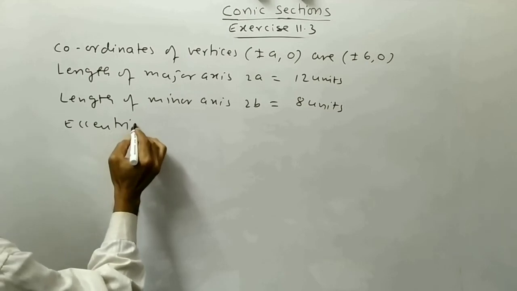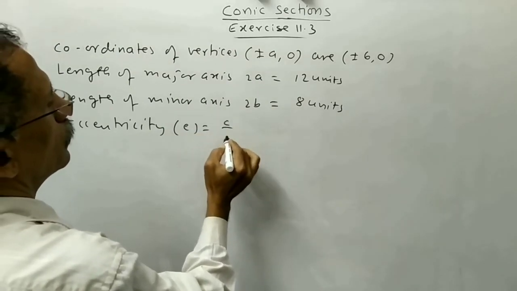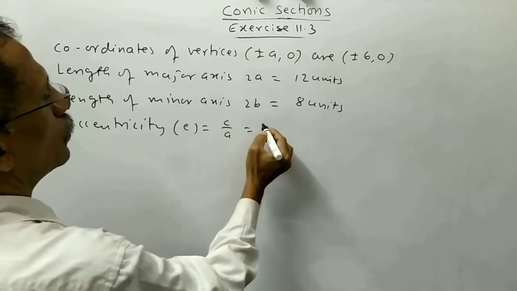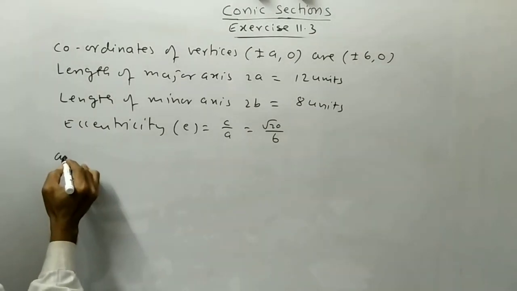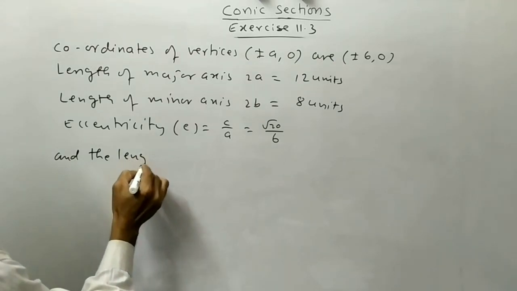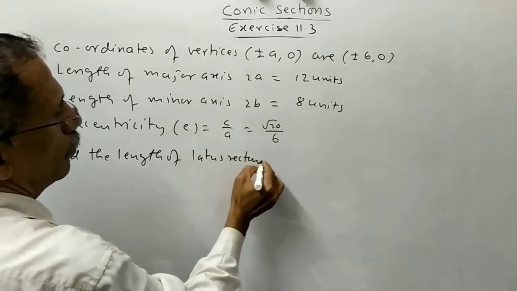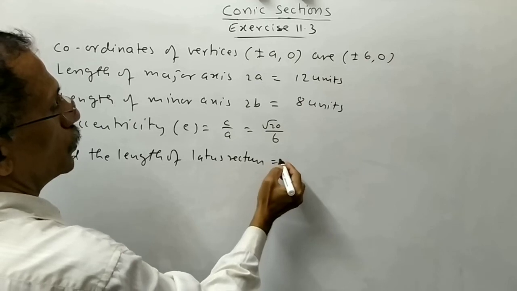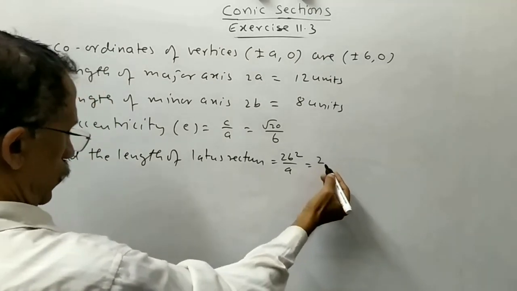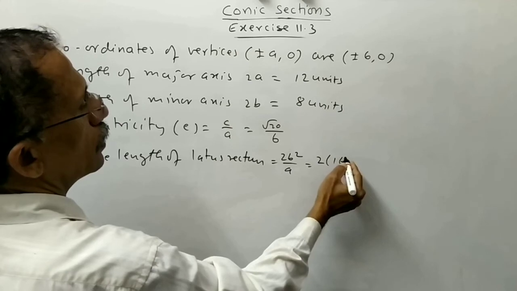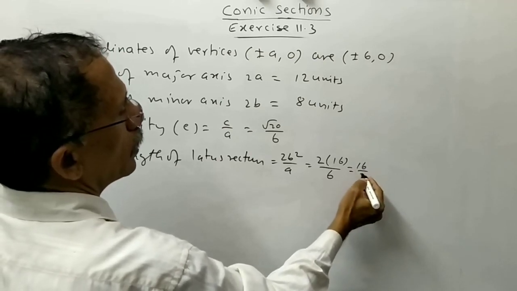Eccentricity e is equal to c by a is equal to square root of 20 divided by 6, and the length of latus rectum is equal to 2b square by a is equal to 2 into 16 divided by 6 is equal to 16 by 3 units.